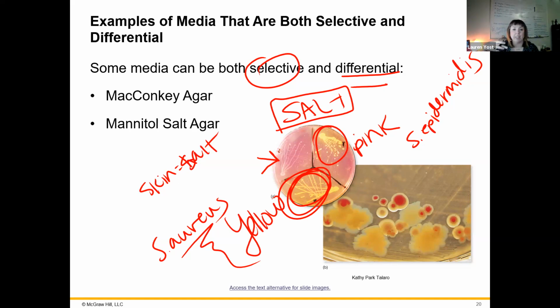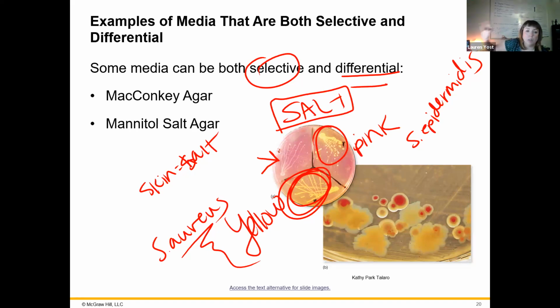Organisms that live in the gut, which are known as enteric organisms, will grow on MacConkey agar, whereas other organisms won't be able to, like gram-positive organisms such as Staph epidermidis. They wouldn't be able to grow on MacConkey agar because they can't grow in the presence of bile salts. So we've already got that selective aspect.